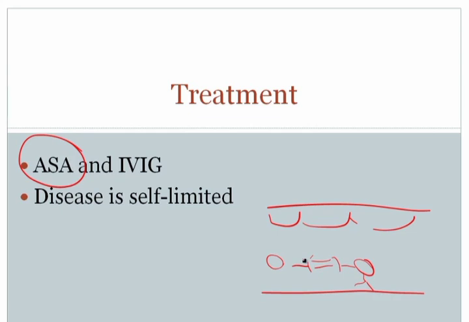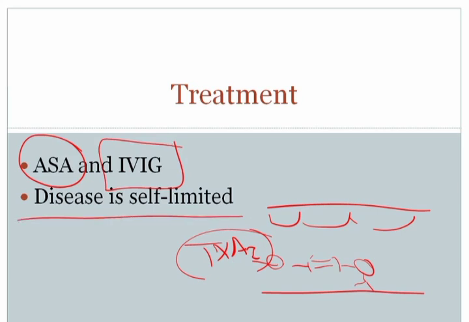Now, aspirin inhibits platelet cyclooxygenase, and when it does, it decreases the ability of those platelets to produce TXA2, and TXA2 is very important for that step of aggregation. And so in this particular case, we give them aspirin, which protects them against the potential formation of a thrombus within the coronary artery. IVIG has also been proven to be helpful in these individuals. The disease is self-limited, so if we can catch the disease and treat it appropriately, we could potentially decrease the risk of this very severe complication.